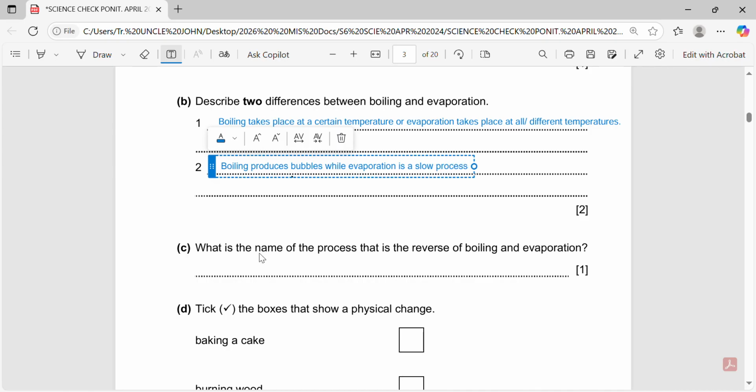You can as well say that boiling produces bubbles while evaporation does not produce bubbles. This is also another difference.